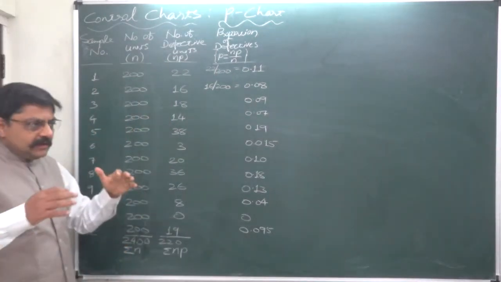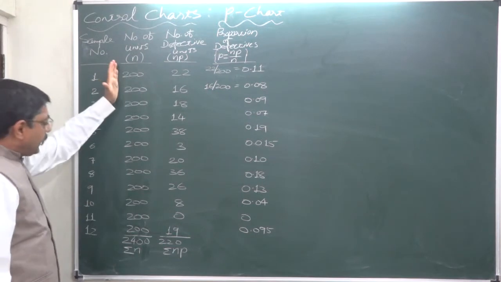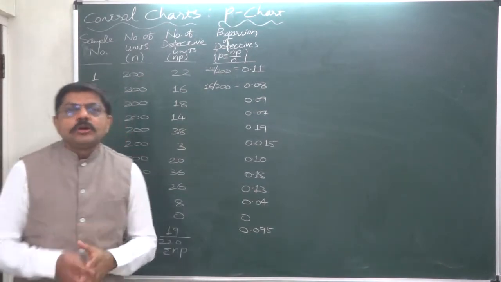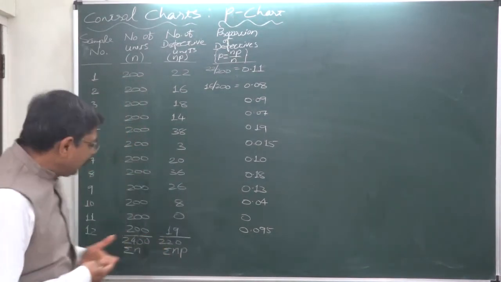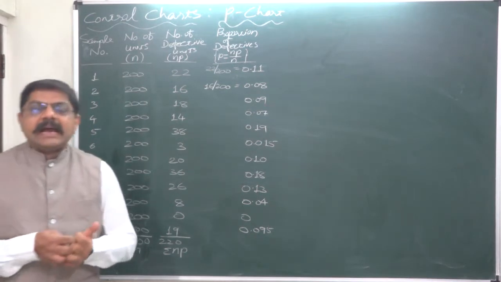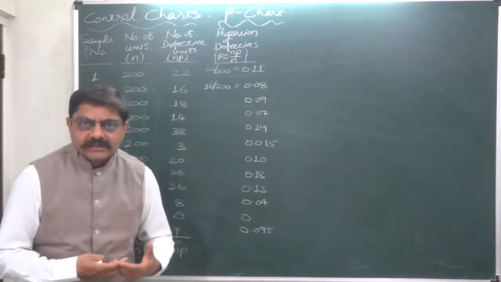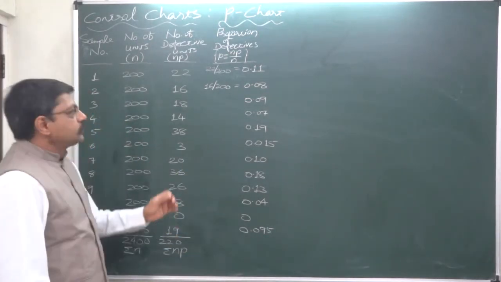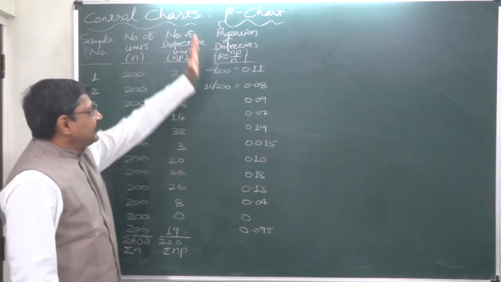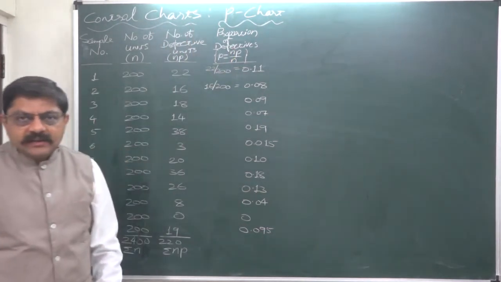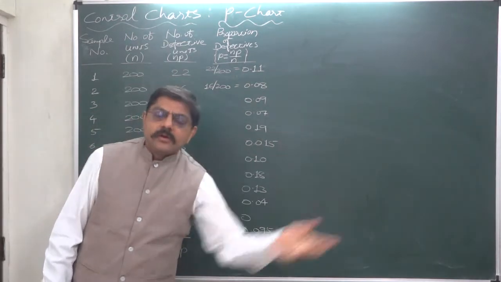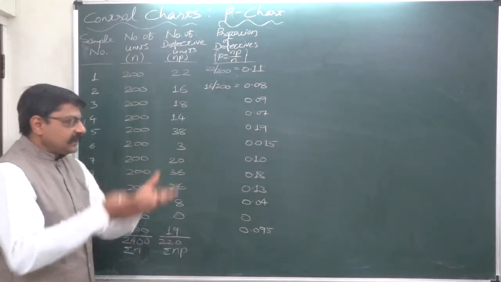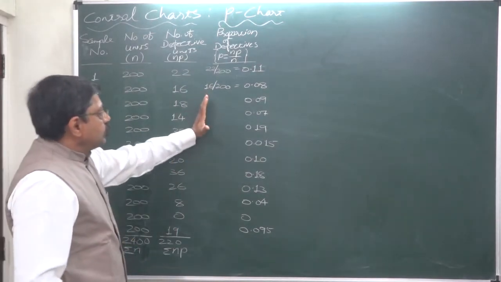It is under our control to keep the sample size equal, but sometimes it is not possible to keep the sample size equal for all the samples and we have to draw samples of unequal size. Then it is not advisable to construct the proportion of defectives chart. Instead, go for percentage defective, but we shall discuss it in further lectures. Let's concentrate on proportion of defectives.